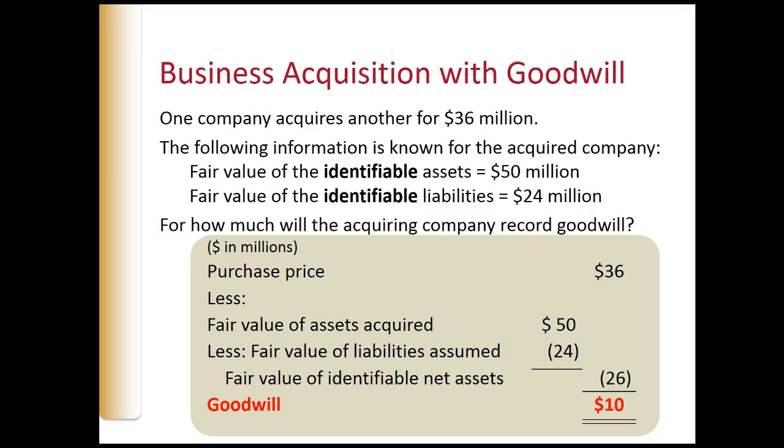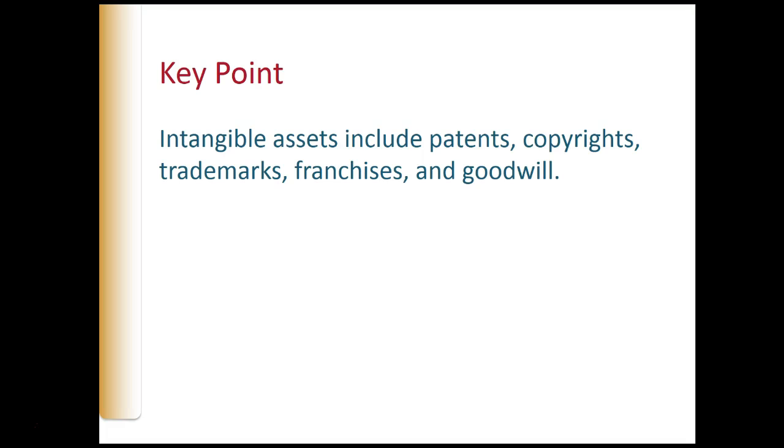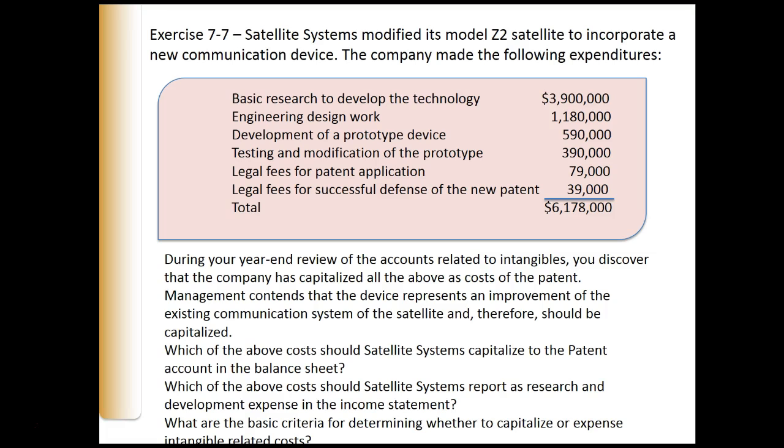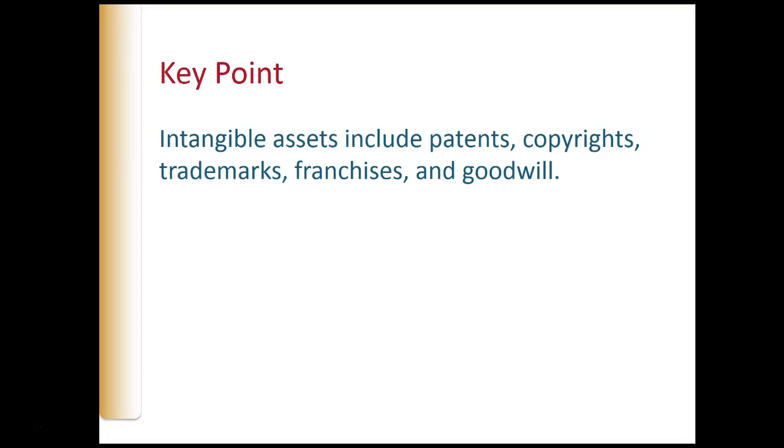But since the company's purchasing the acquired company for 36, the remainder, or 10, will be considered goodwill. A key point to remember here is intangibles include patents, copyrights, trademarks, franchises, and goodwill.